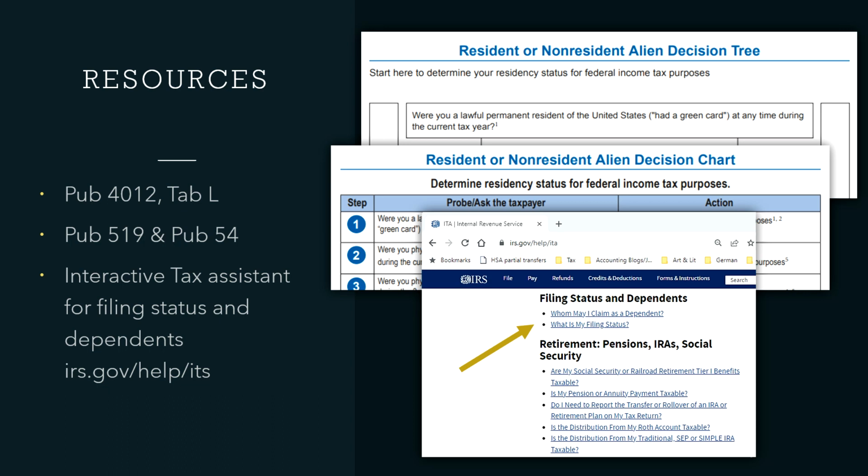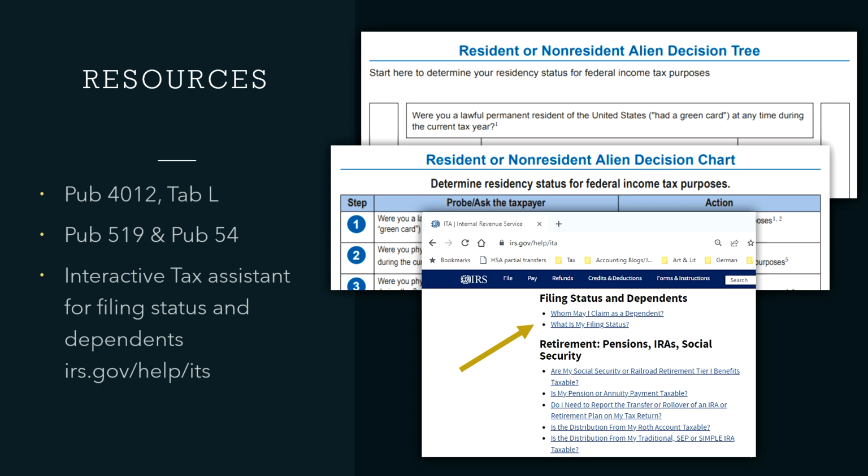Publication 4012 tab L is all about non-citizens, and there is a decision tree in there and a decision chart that go over those questions that we talked about, and you follow the flow of it, and in the end you figure out the status. There are also some publications. You can get them on the IRS website. Publication 519 and Publication 54, those are going to be more extensive than our resources.